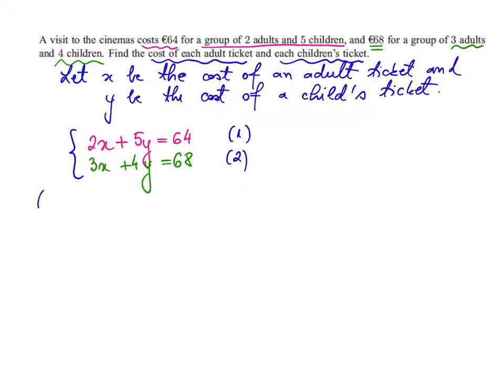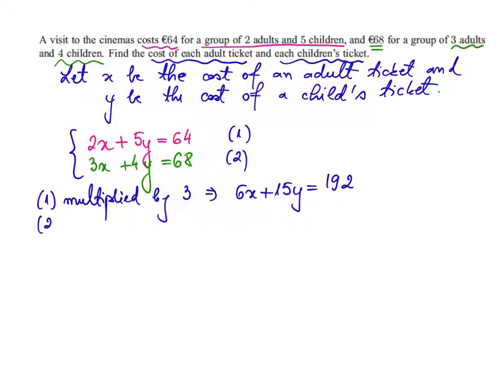Equation 1 multiplied by 3 gives me 6x plus 15y equals 64 times 3, 192. Equation 2 multiplied by 2 gives me 6x plus 8y equals 136.